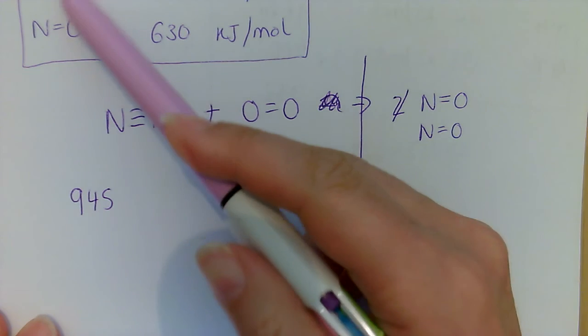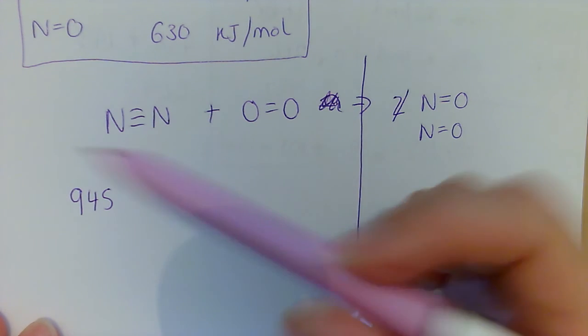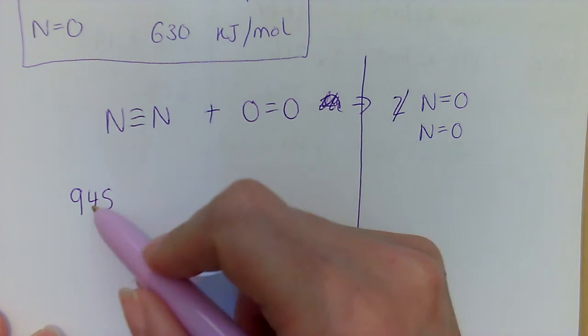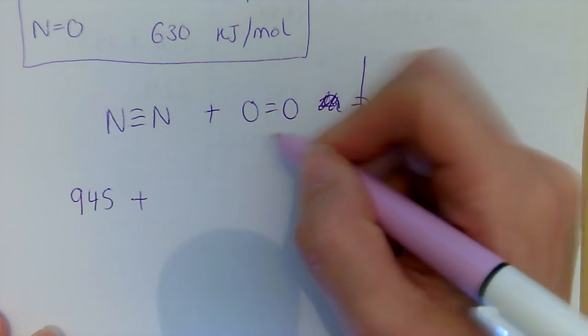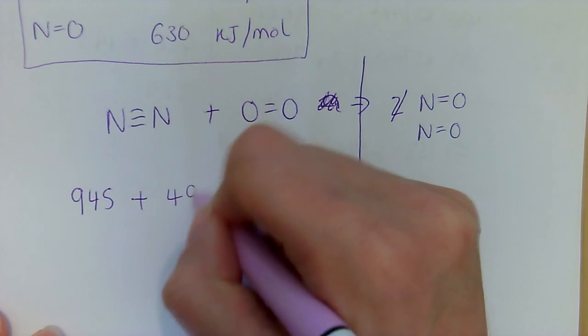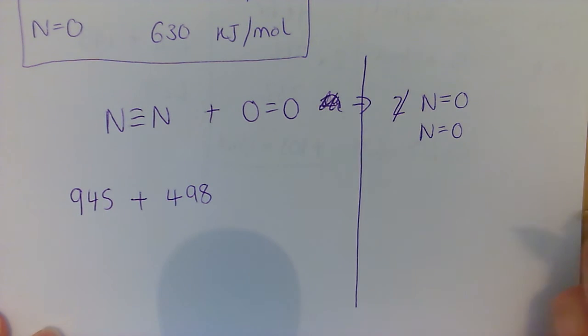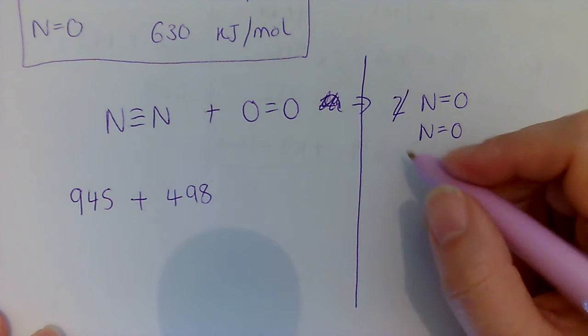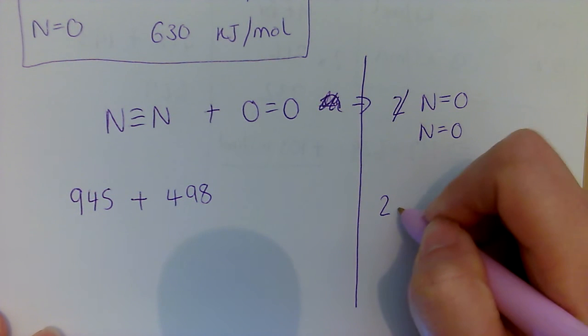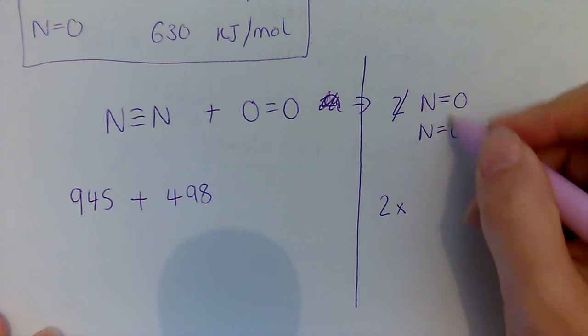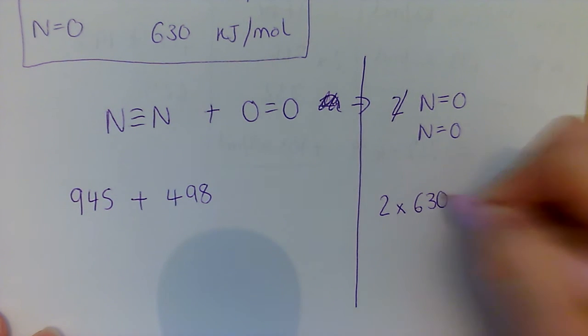Hopefully you can see that when we've got more than a single bond, if it's a double or a triple, the values tend to be a lot bigger. So we've got 945 plus 1 oxygen to oxygen, which is 498. And then over this side, we've got 2 lots of nitrogen oxygen, which is 630.